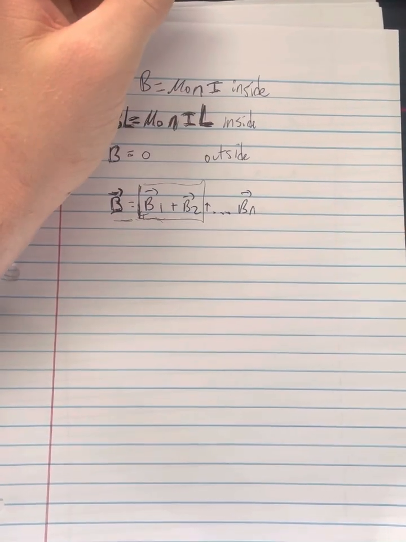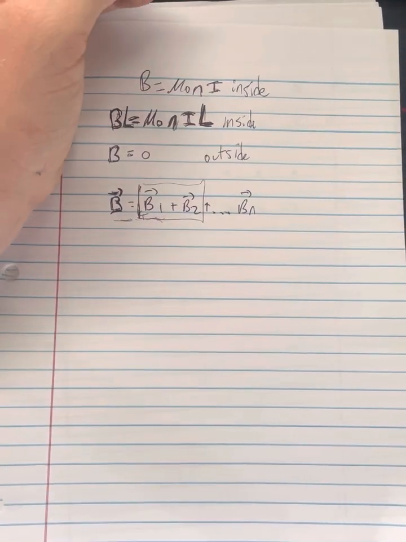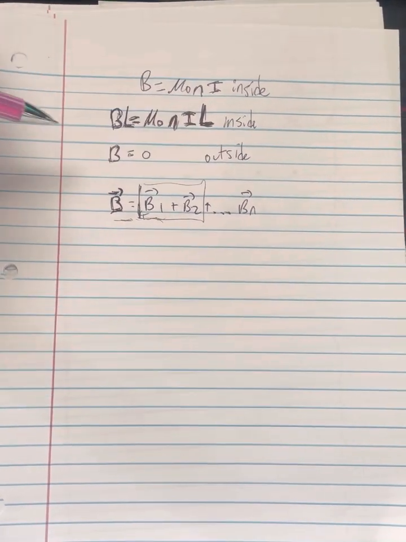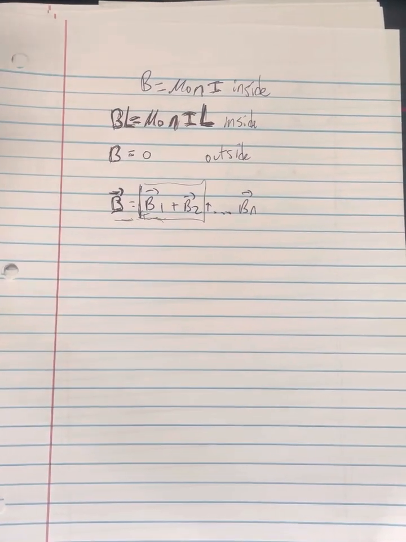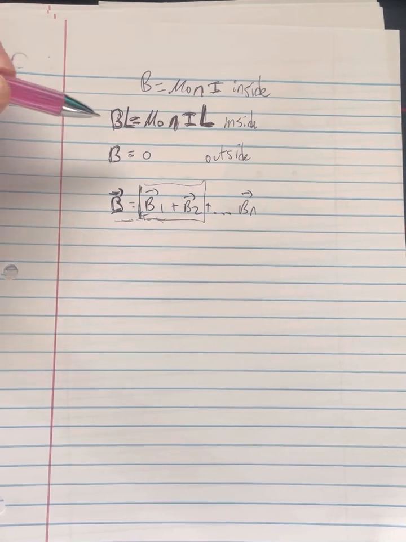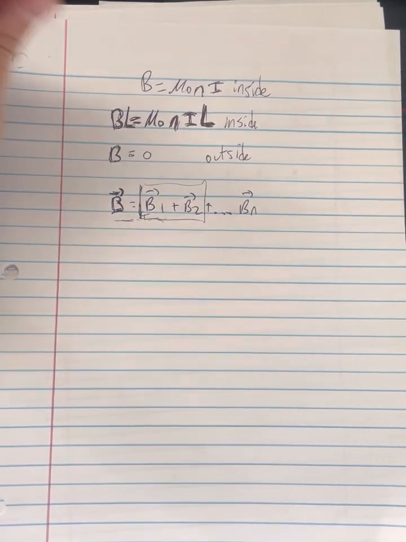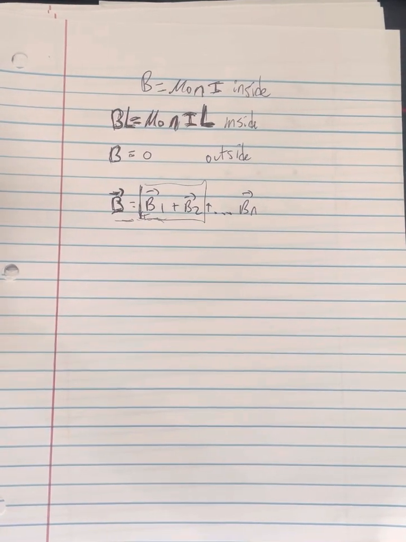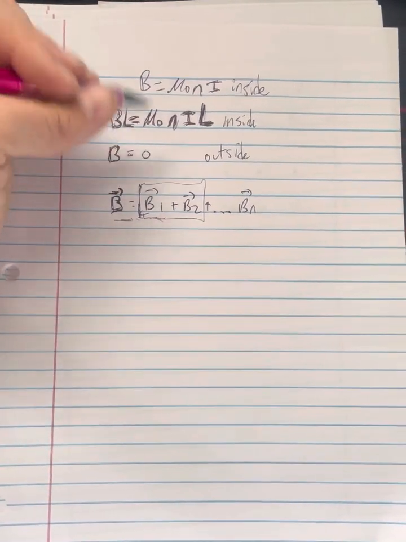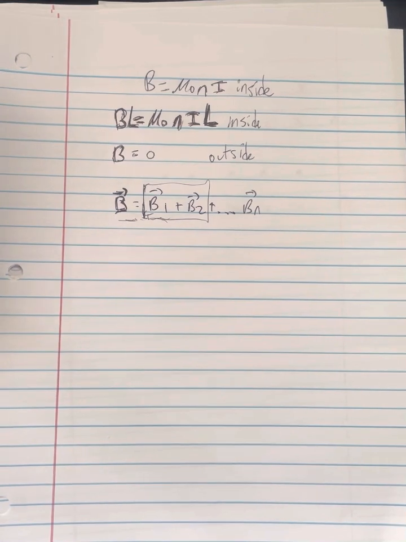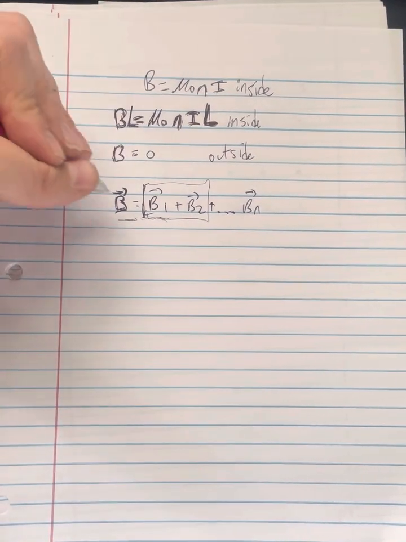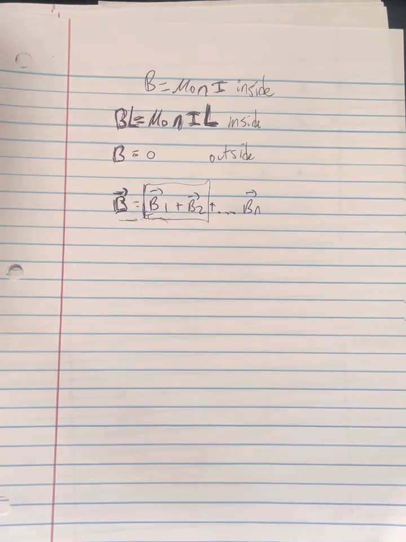That's for when we apply Ampere's law. The magnetic field outside of a solenoid is equal to 0. Superposition principle says that if we have a magnetic field that has multiple sources, we can add up all of the individual sources, and it'll give us the total magnetic field B.